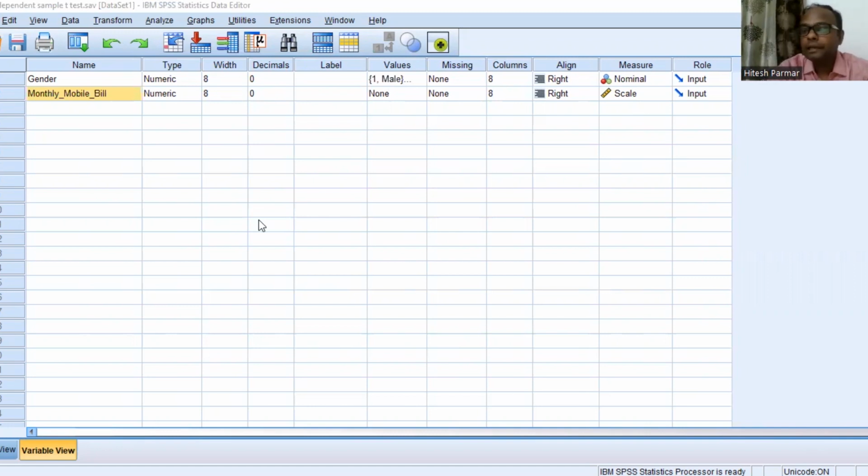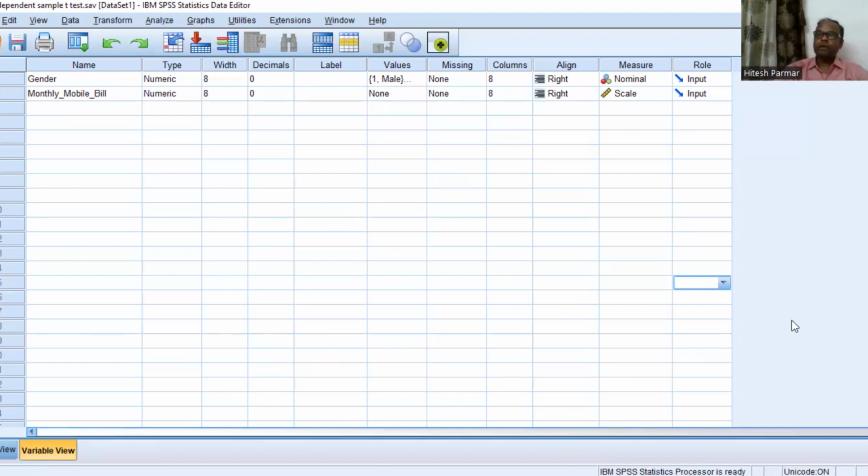Scale means it can be either interval data or ratio data, and gender is definitely a dichotomous variable. So any two-group variable that you want to compare with the continuous variable, we need to go for the independent sample t-test. So here we have considered gender. It can be the variable for comparison. Suppose you want to compare the marks of the students with respect to two classrooms.